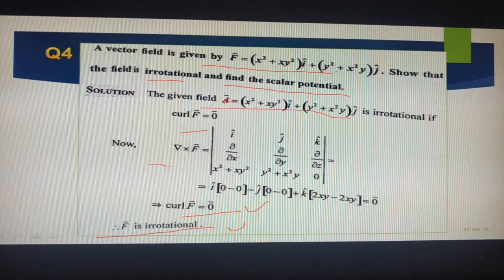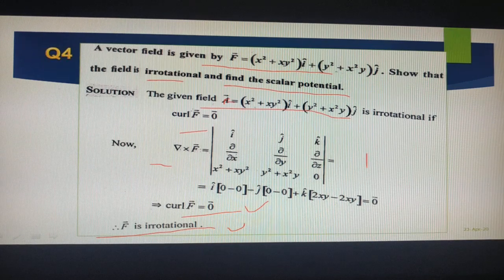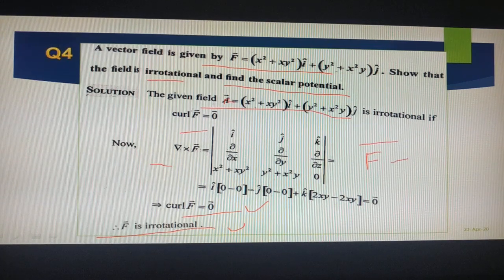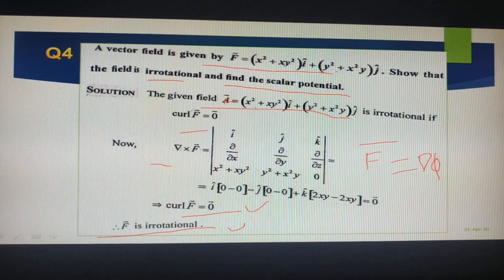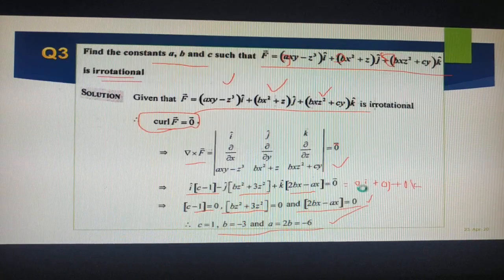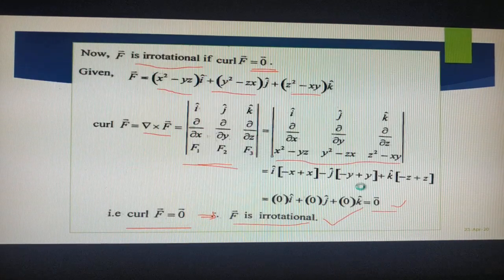If f bar is irrotational, then definitely we have the result f bar is equal to del pi. Do you remember this? If f bar is irrotational, then this vector field should be equal to grad pi. Let us go back, that is what we learned there.